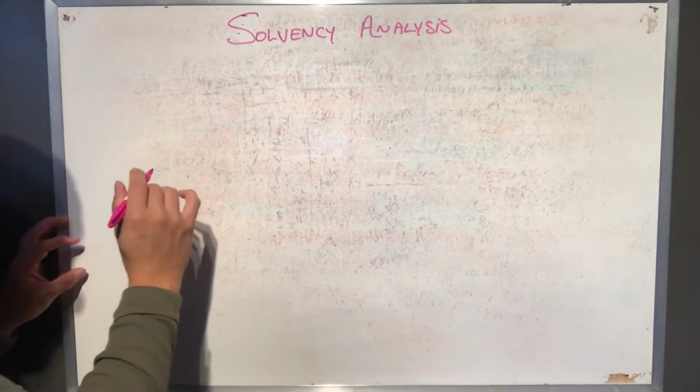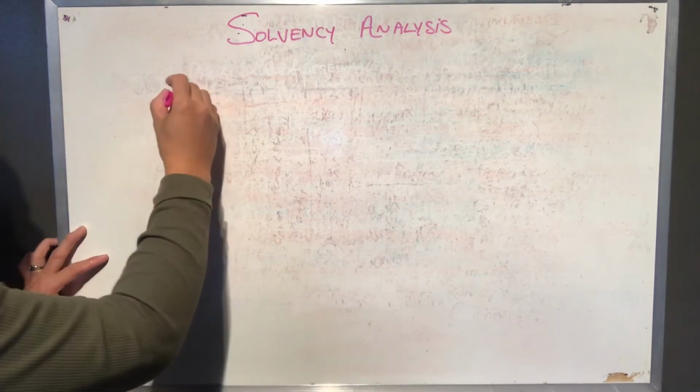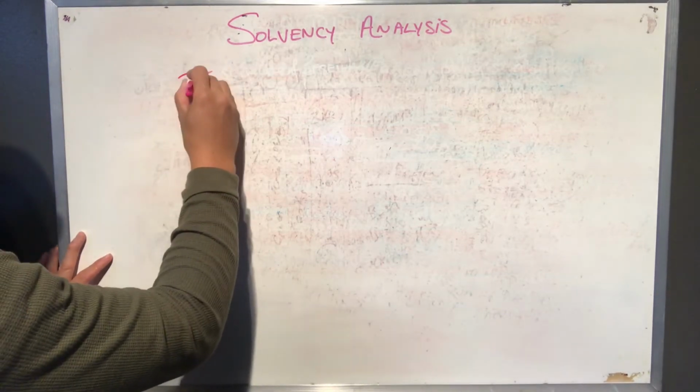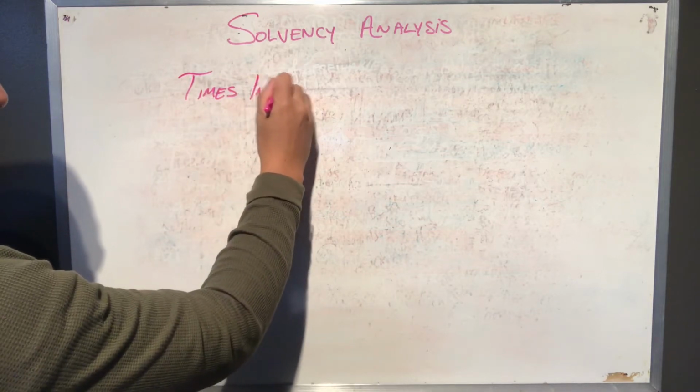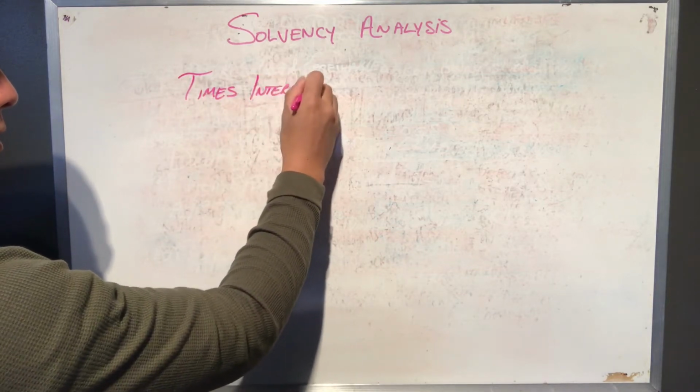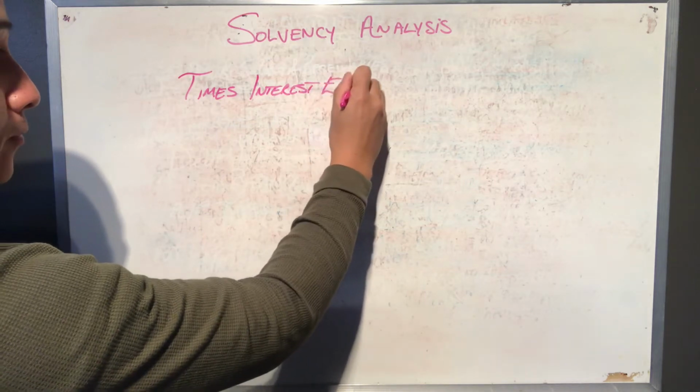Another useful solvency ratio is called the times interest earned ratio.